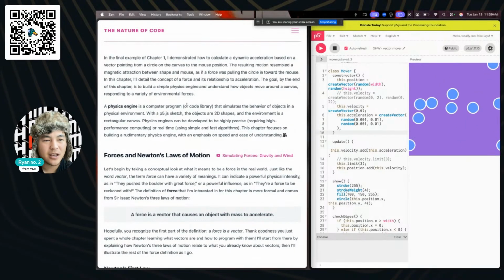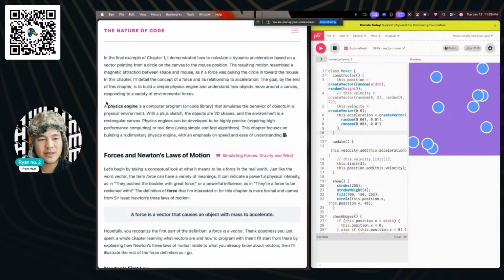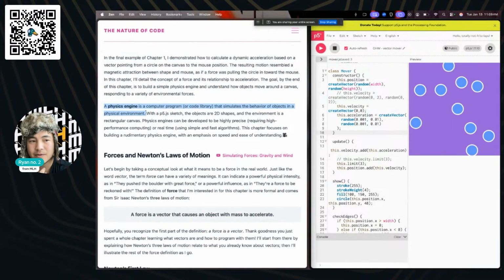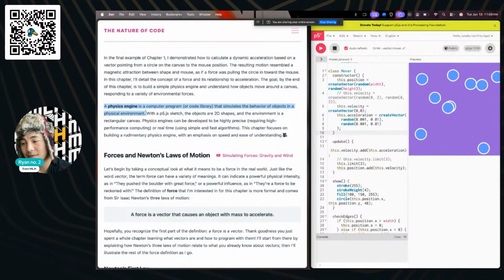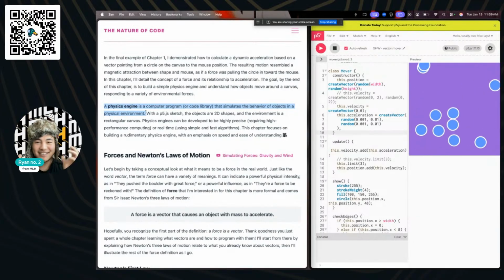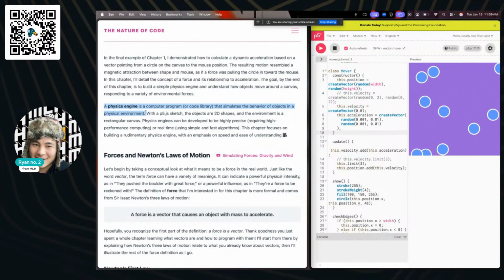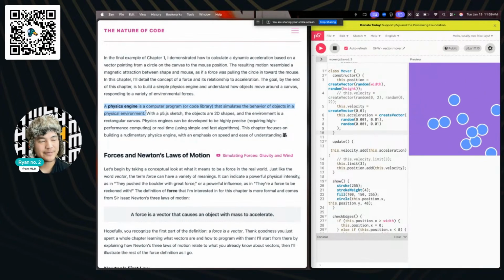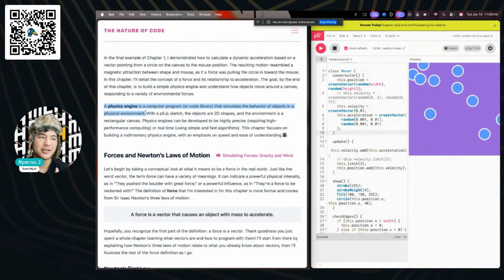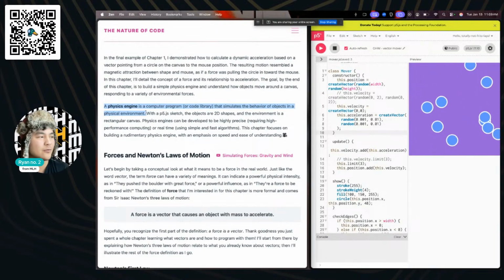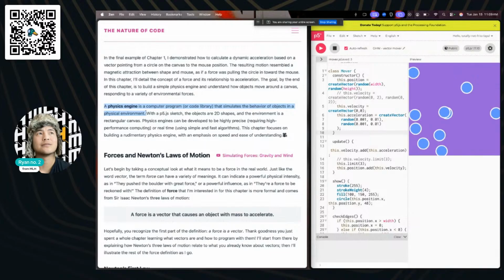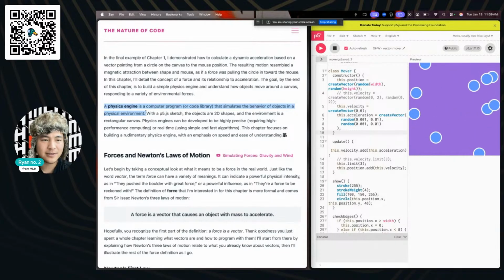We're also going to be building, it looks like, a very simplified version of a physics engine. Physics engines, of course, if you've taken any physics classes, you'll know that there's tons and tons of forces that we need to consider whenever we look at any sort of frame of reference. When I say frame of reference, I'm talking about any context where a particular force may be acting on an object in order to influence how it behaves.